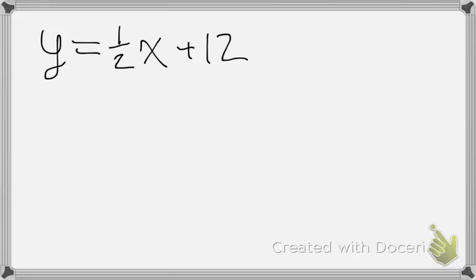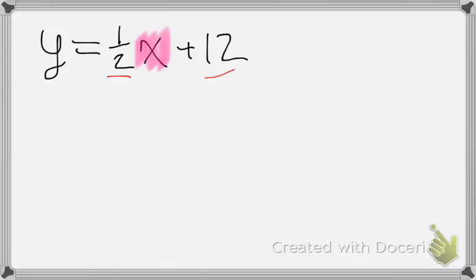Okay, so we want to solve for x in this one. Alright? So we're solving for x, which means, again, we want to get x by itself. So we have two things that we need to move, right? So we have to undo this guy and this guy.